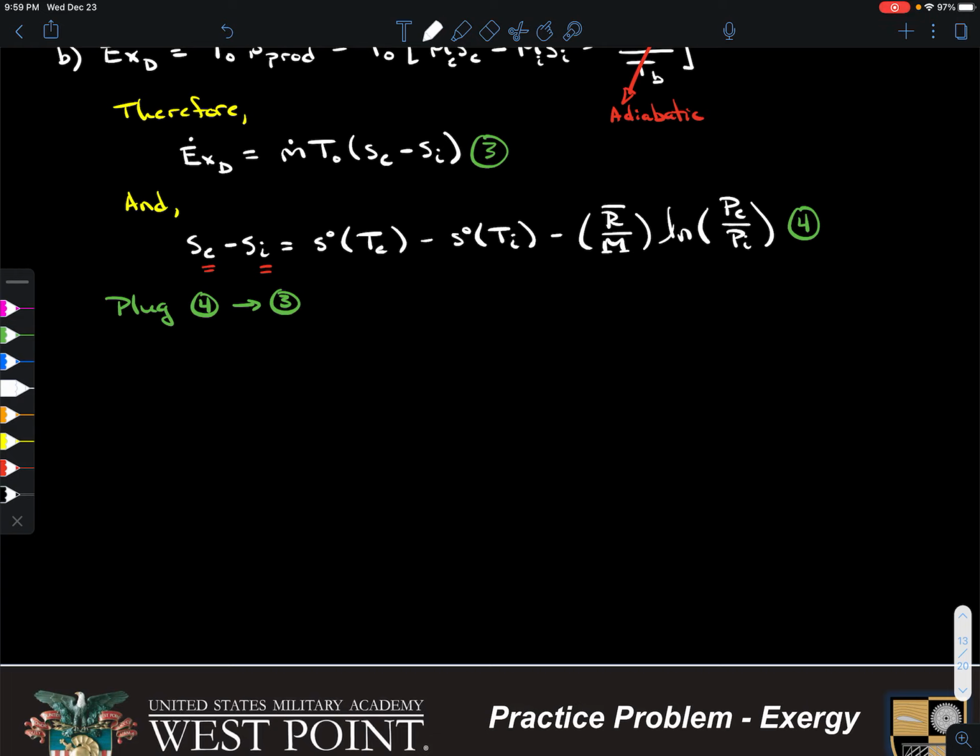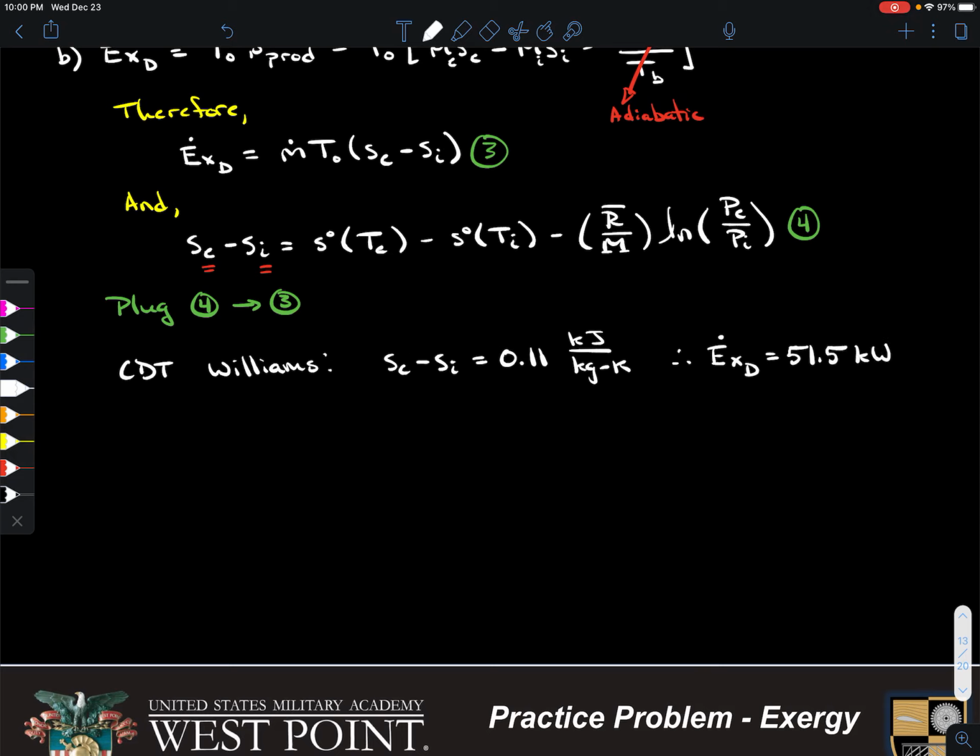And we're going to then find that for Cadet Williams, we'll get a difference in entropy values of 0.11 kilojoules per kilogram Kelvin. So therefore, our rate of exergy destruction is 51.5 kilowatts.